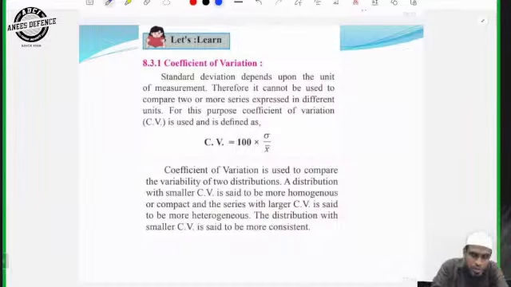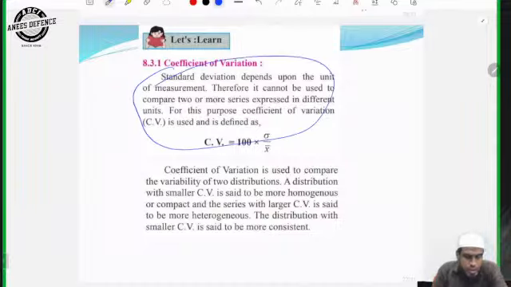Because standard deviation depends upon the unit of measurement, therefore it cannot be used to compare two or more series expressed in different units. What is the drawback of standard deviation and variance? If you calculate the standard deviation, you are considering only observation with identical units. In the case of standard deviation and variance, we are dealing with the observation of same units.